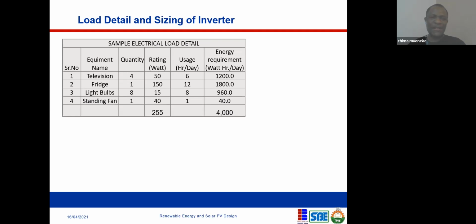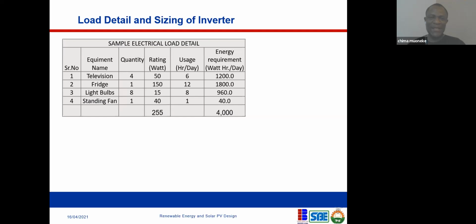The only thing you take into consideration is the load that needs to be powered by this solar system, and not necessarily the whole load in the house. So for the sample I have here, this client wants to power his 4 televisions, a fridge, 8 light bulbs, lighting points, and a standing fan.